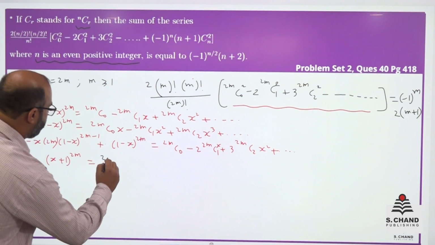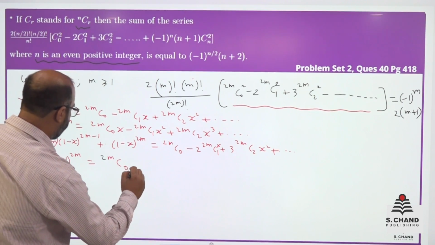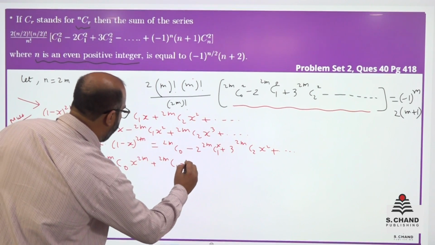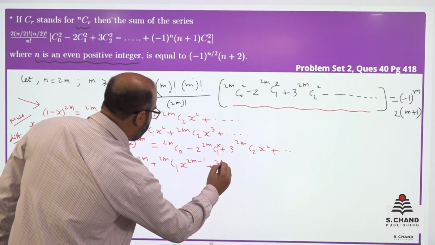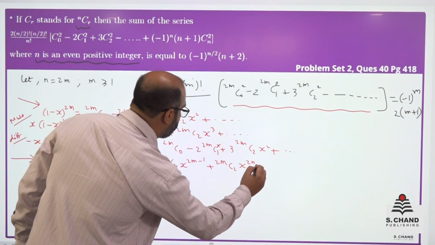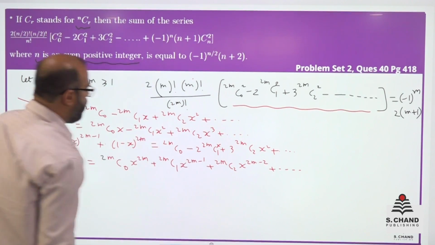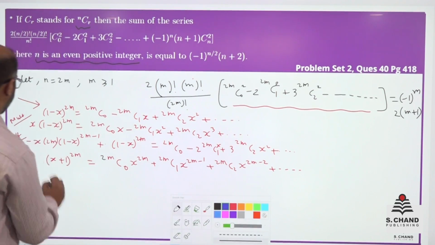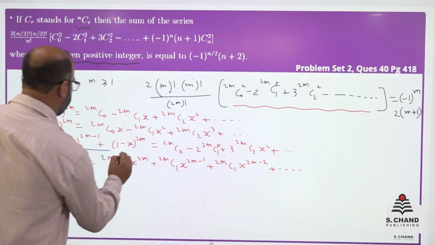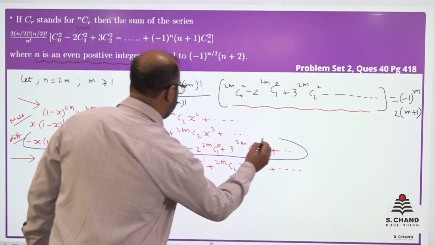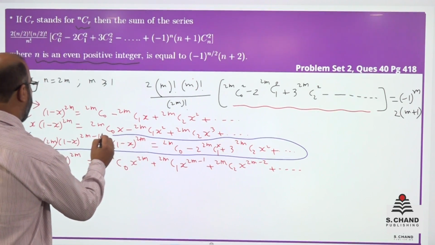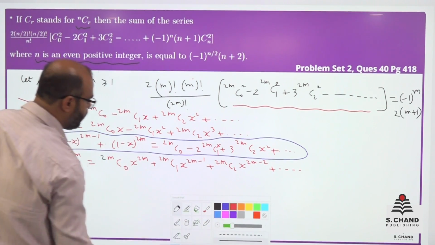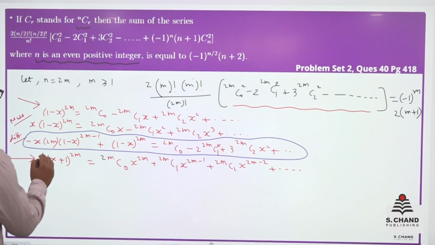So this will be 2m c0 x to the power 2m plus 2m c1 x to the power 2m minus 1 plus 2m c2 x to the power 2m minus 2, and so on. Now this series and this series, I am highlighting them. This is a series, you can see its left hand side as well as its right hand side, and another series I am also highlighting, this one.